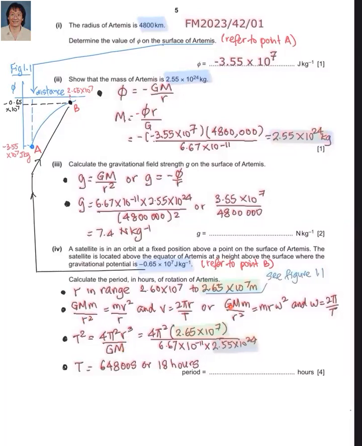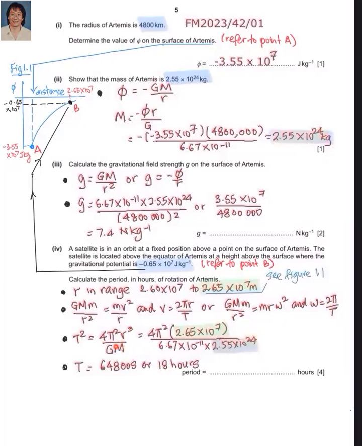If you use gravitational force GMm/r² equals centripetal force mrω², you must use ω equals 2π/T, so that you can get the same equation, T² equals 4π²r³ divided by GM.